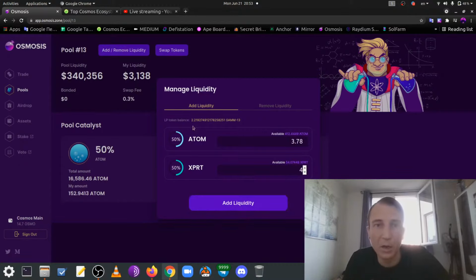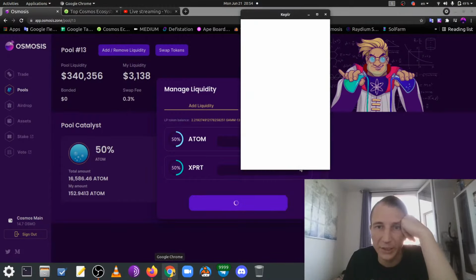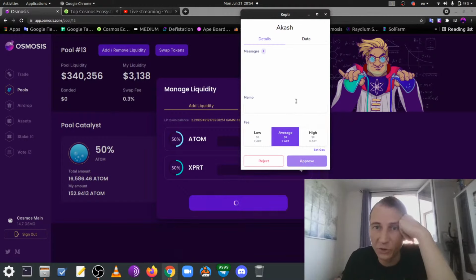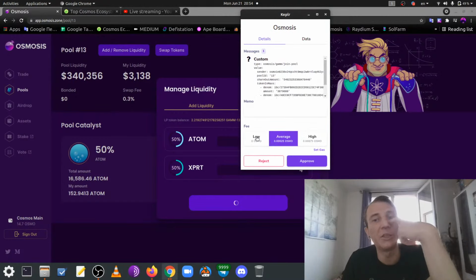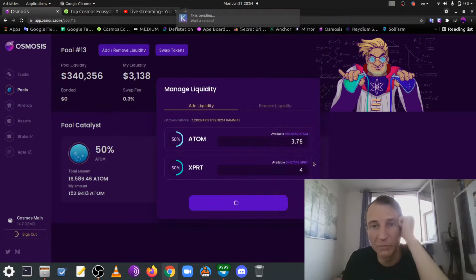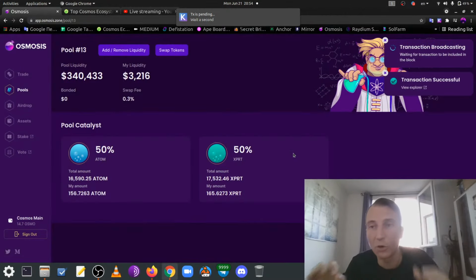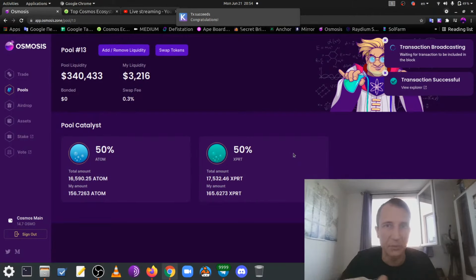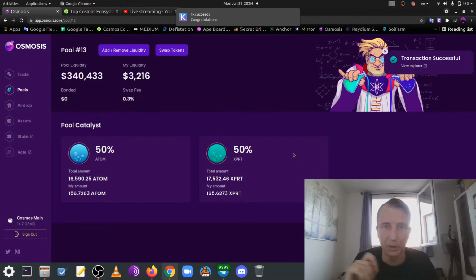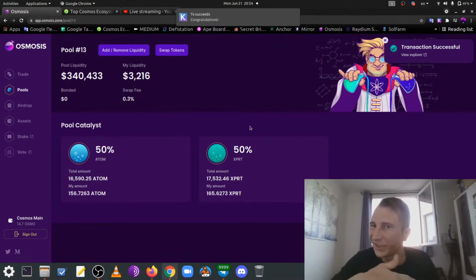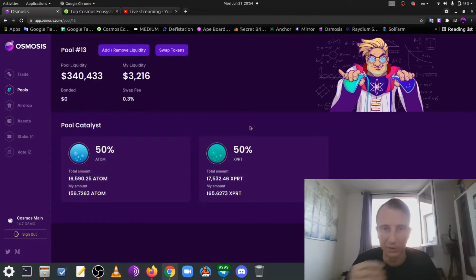You see now the prices in the pool for Expertise, it's 3.78 atoms. Add liquidity. Now it's connected to Keplr again. We again choose low commission. I use low commission now only because not many people trade at this moment. Yesterday it was really impossible.